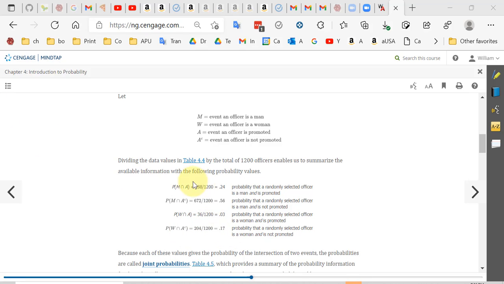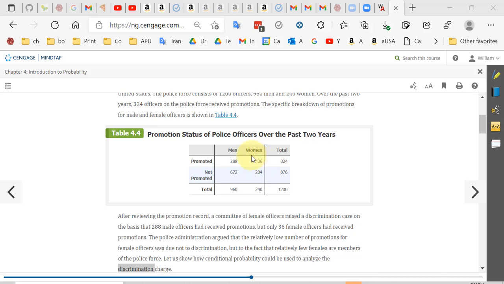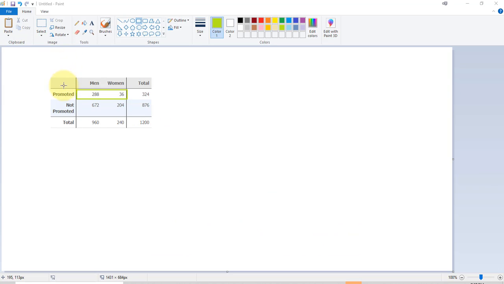These kinds of questions where you do intersections are called joint probabilities. Remember that promoted is an event. It's a subset of the whole sample space. And man is also an event.